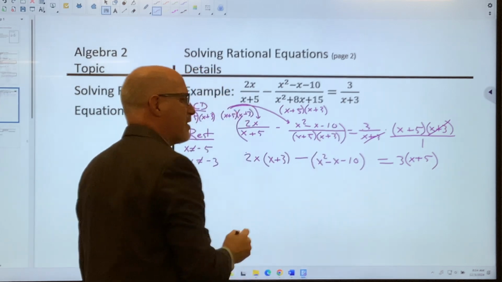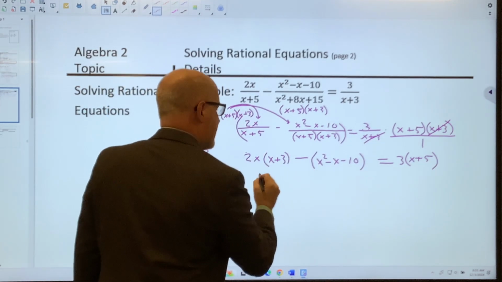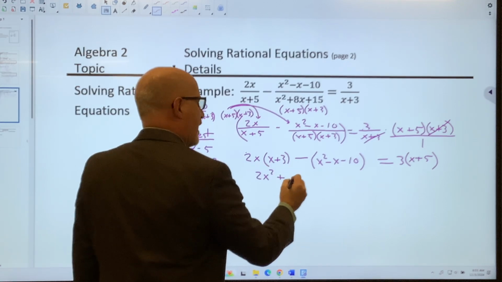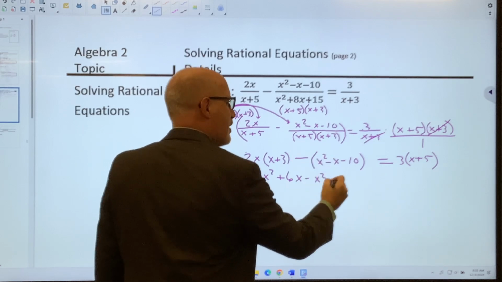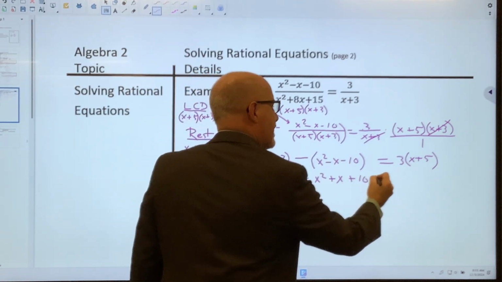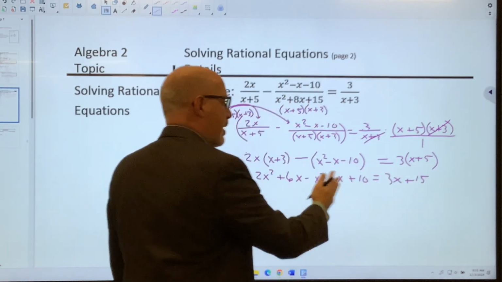I'm going to put it in parentheses because I have to distribute through that negative. So simplifying now and solving, 2x squared plus 6x minus x squared, distribute it through, you get a plus x. Distribute that through, you get a plus 10, equals 3x plus 15. Now we've got a quadratic to solve.